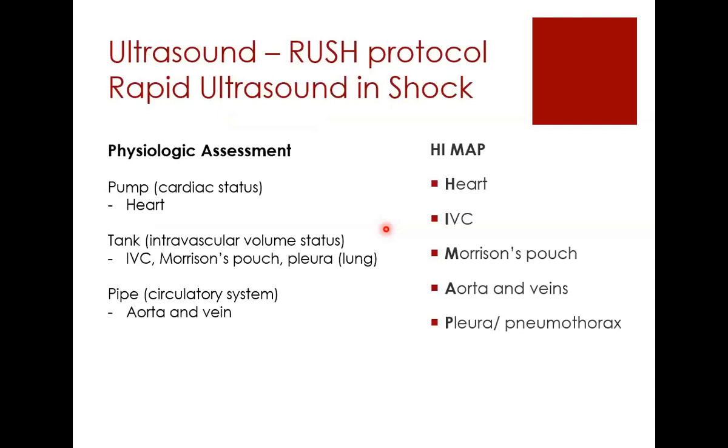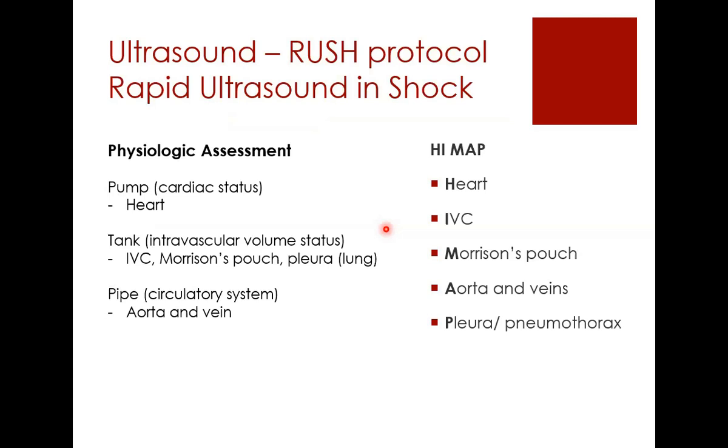Okay. Ultrasound. So you get more details regarding the ultrasound. There's a RUSH protocol, which stands for rapid ultrasound in shock, where we evaluate patients. It's a sequence of ultrasound assessments.